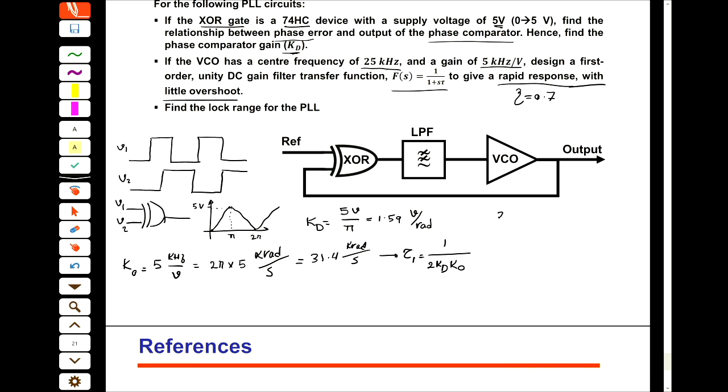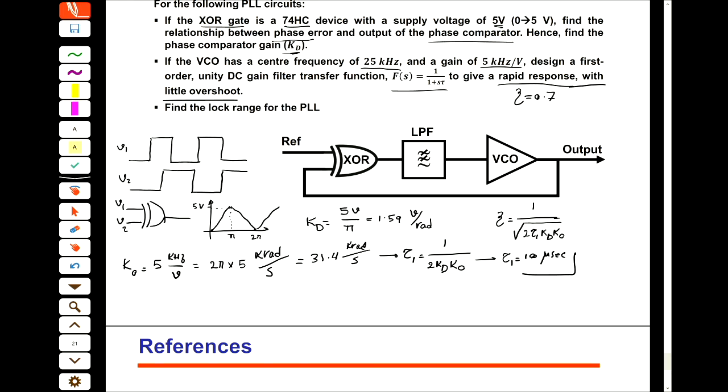Remember that zeta equals 1 over square root of 2 tau 1 KD KO. And from here we found tau 1 equals 10 microseconds. Okay.